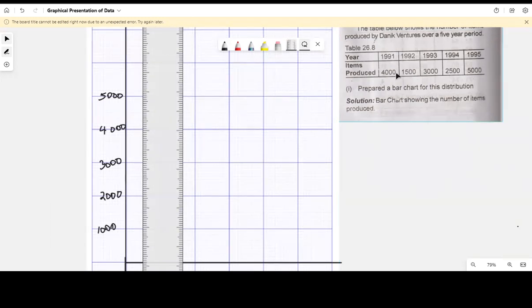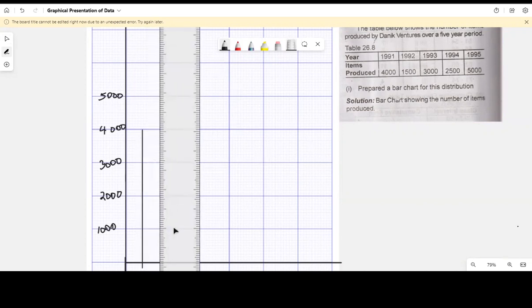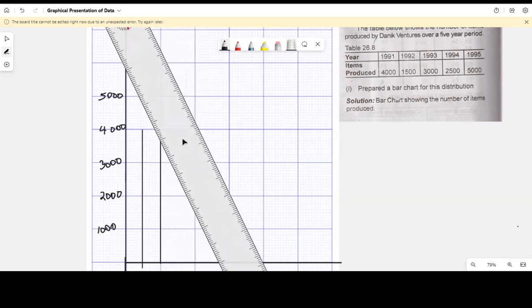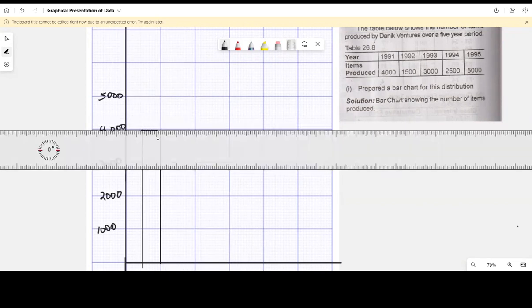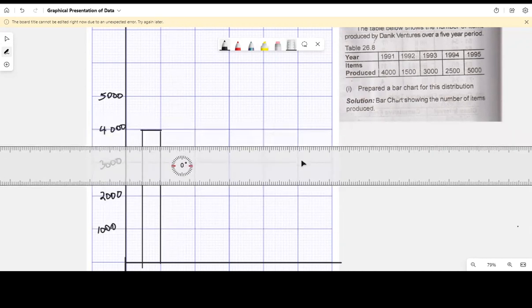So my first entry here is 4,000. I will start from 4,000 and draw down. Let's assume I take this next line and draw it down. Then we connect that. Okay, that is for the first data.